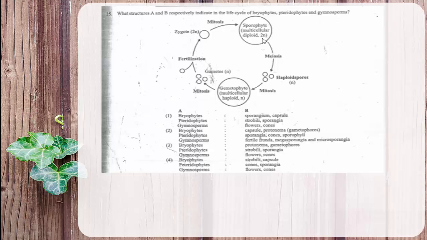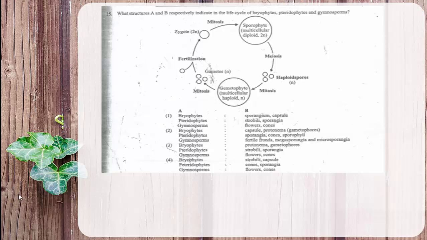The sporophyte is diploid in nature. The spore mother cells of the sporophyte, they undergo meiosis to produce the haploid spores, and on germination the haploid spores gives rise to the development of gametophyte. This is generalized representation of the life cycle.